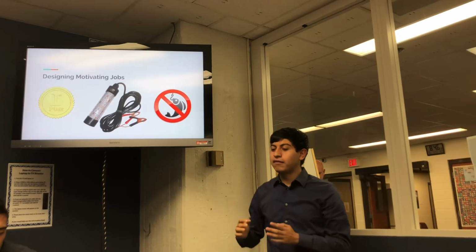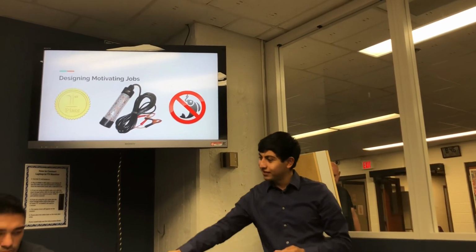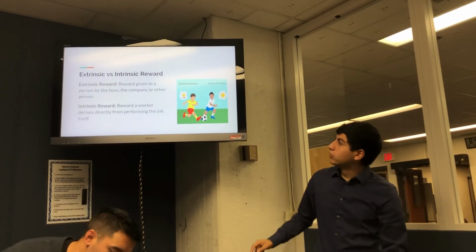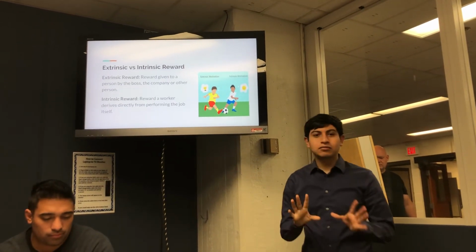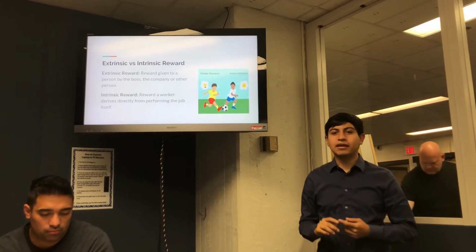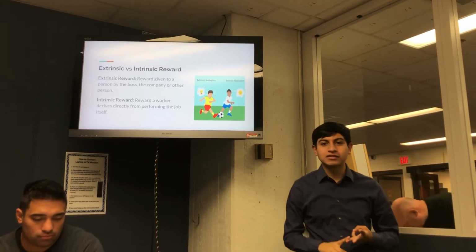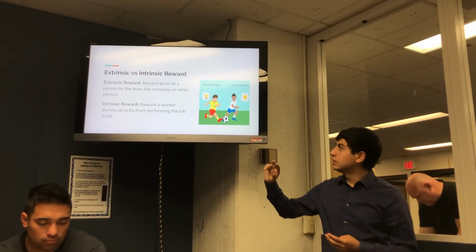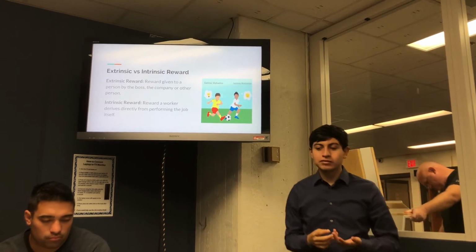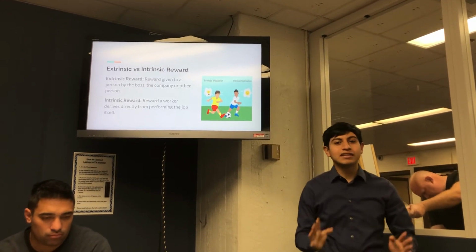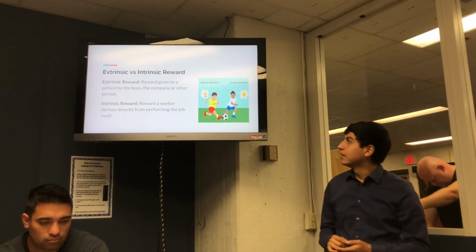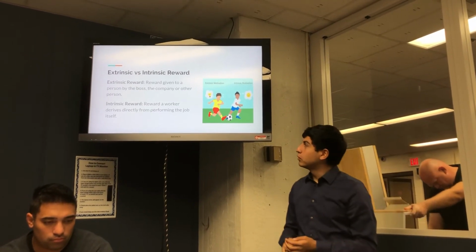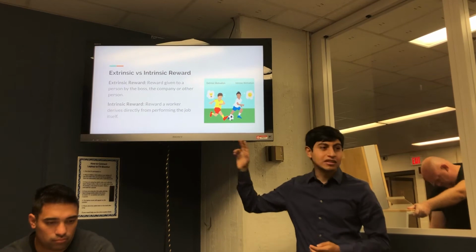But in order to have a motivating job, we need to focus on extrinsic rewards and intrinsic rewards. Extrinsic rewards are those given by the boss, by a company, by another person. The problem with these external rewards is that they are usually things that do not focus on the needs and wants of the employees. So the best way to reward people is through intrinsic rewards.